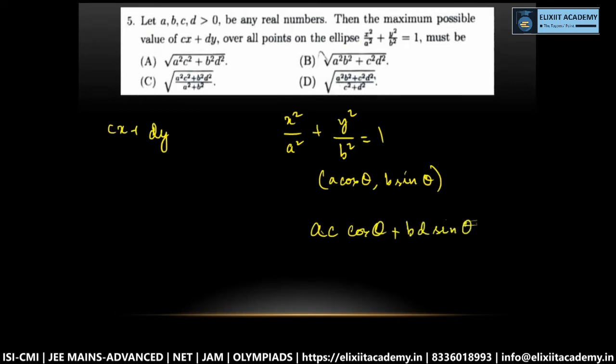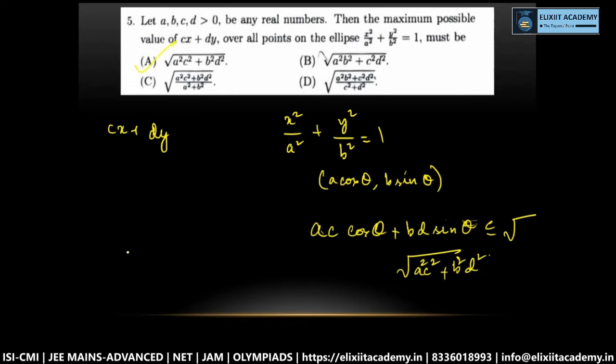In case you have done trigonometry very well, you can simply solve this. What is the maximum value of this? The maximum value is the square root of A square C square plus B square D square. In this case, A is the right option.